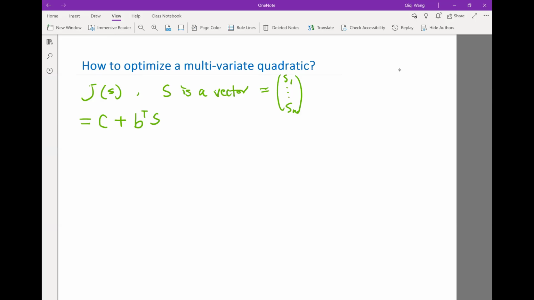Now comes the quadratic term. In the multivariate quadratic, the quadratic term can be written in a form very similar to the one-dimensional case, except that I have to write it in a matrix form. The matrix form is s transpose times a matrix A times s, where A is a symmetric matrix.